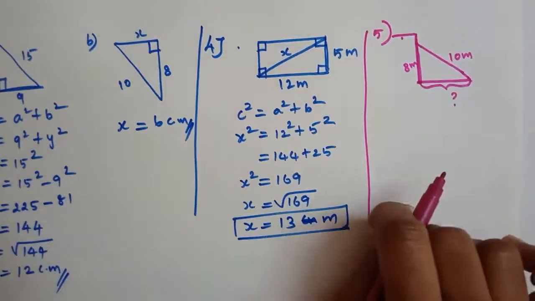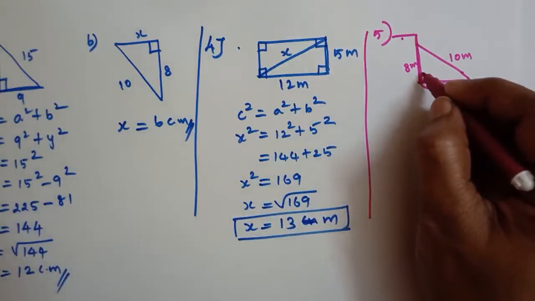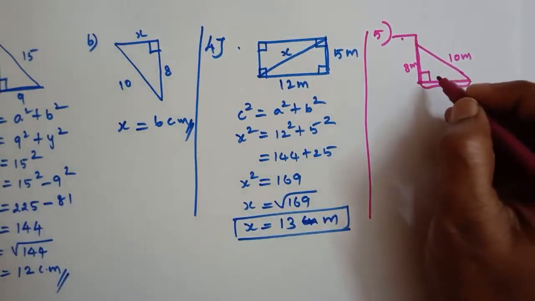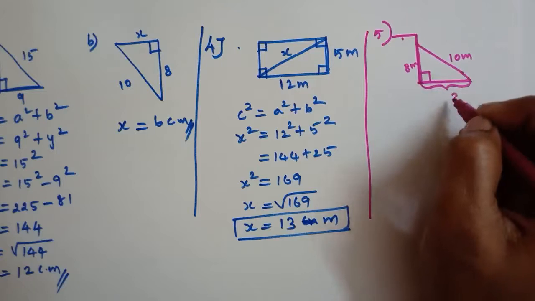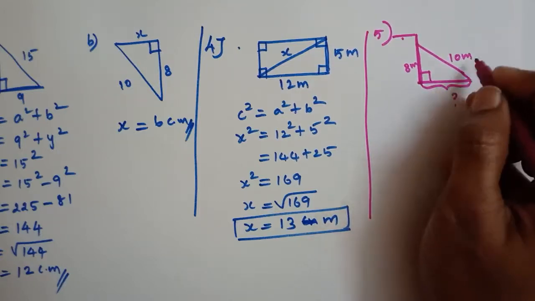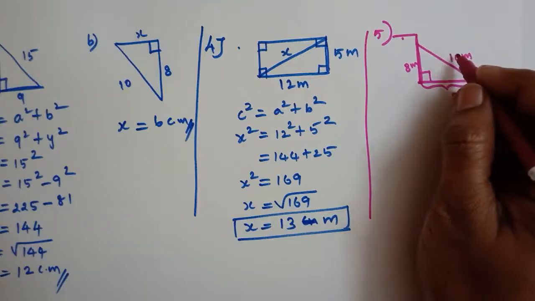Students, listen. This looks like a right angle triangle, 90 degrees. So we can apply the Pythagoras theorem. Using the Pythagoras theorem, we can easily find this distance. Is it clear? Which one is the hypotenuse? Which is the longest side? This is the longest side, the hypotenuse.